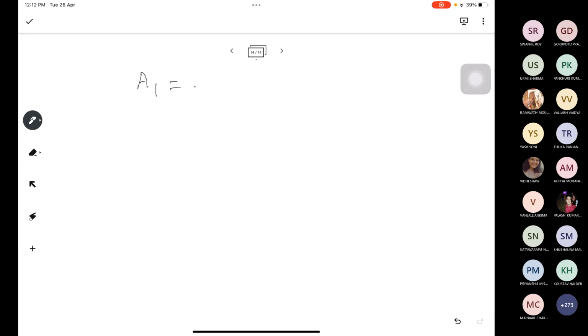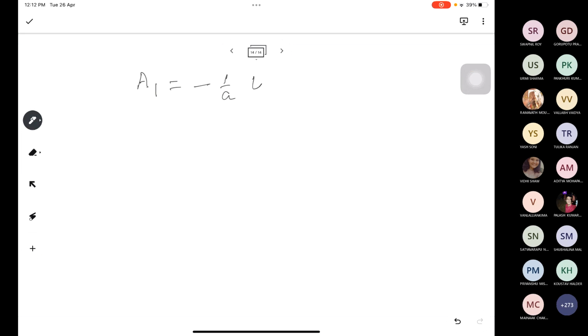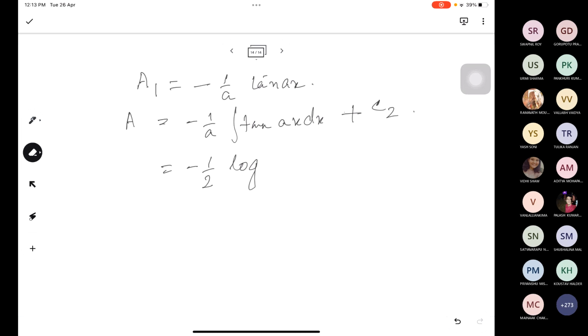So A1 is equal to minus 1 by a tan ax. So A is equal to the integration, so minus 1 by a, this will be minus log of sec ax by a square, and sign will be positive.